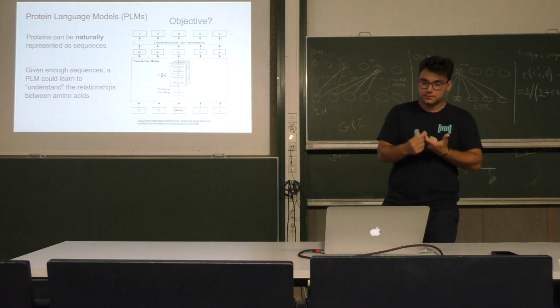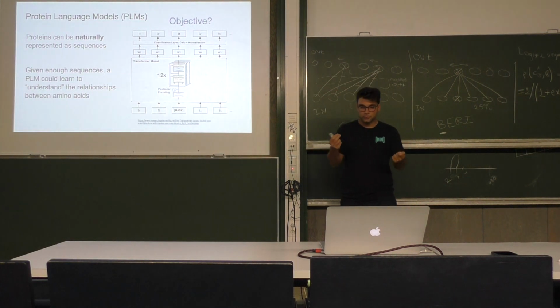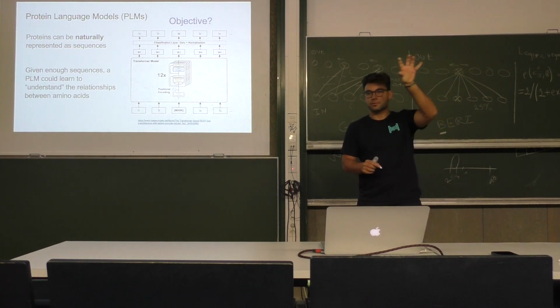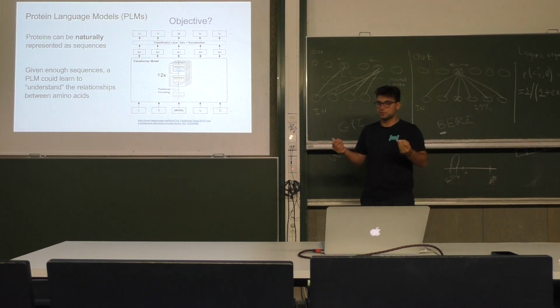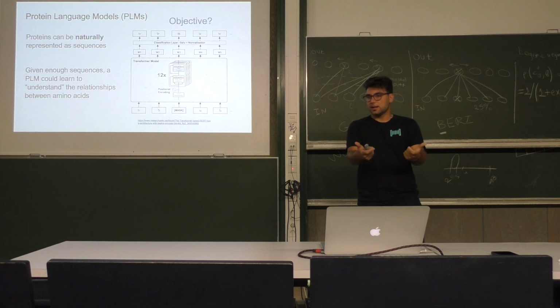And another thing is that proteins do not need any input adjustment like vision. For example, in vision we said that we take these non-overlapping patches, but this is not the case for biological sequences, because proteins can be naturally represented as sequences.